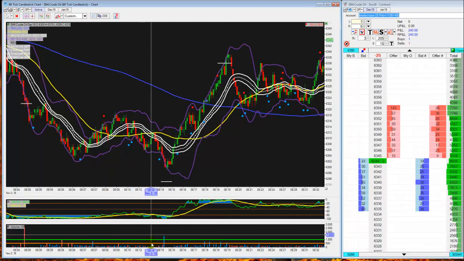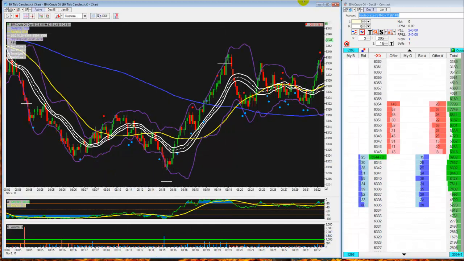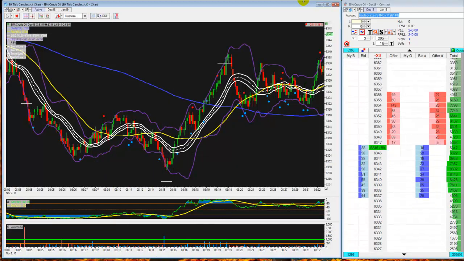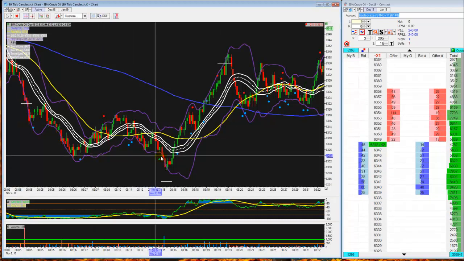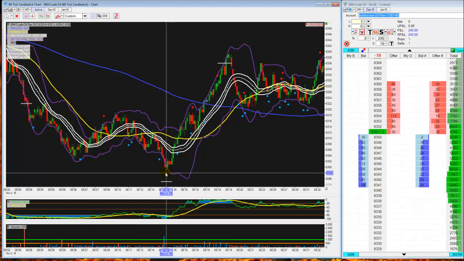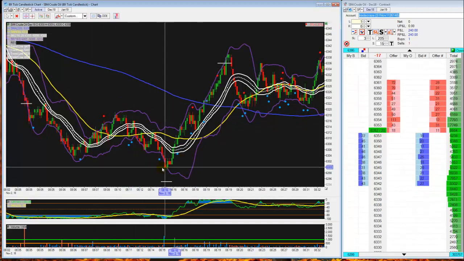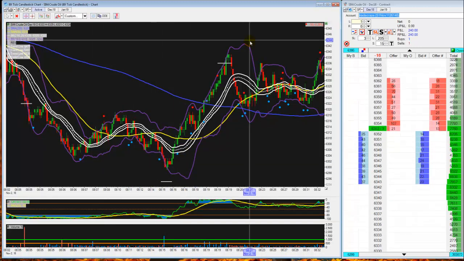This is where I felt comfortable about selling the market into this mark if I wasn't in a trade. So I was in the trade, I was in the short, but this would have been a nice mark to go and take it to the other side.